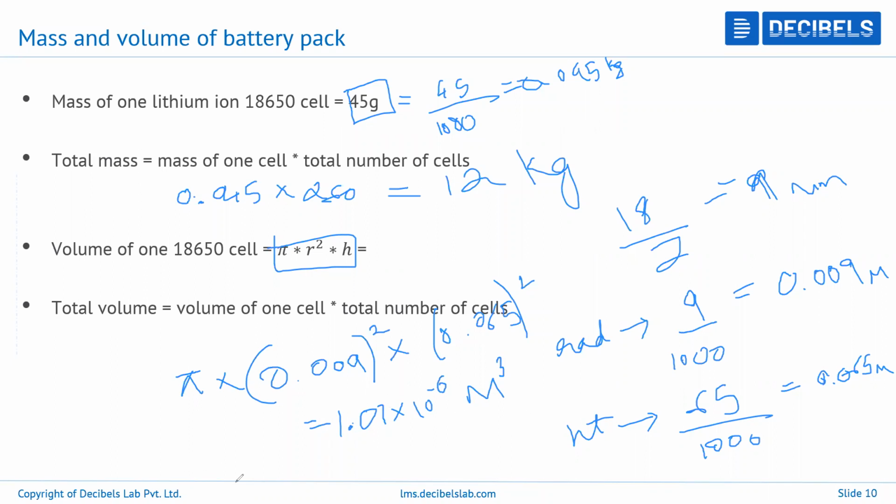If you were to find out the total volume, it will be nothing but your volume of one cell into 260. So your total volume, which I'll write here as V total, is nothing but 260 into... Okay, I think there's a mistake.